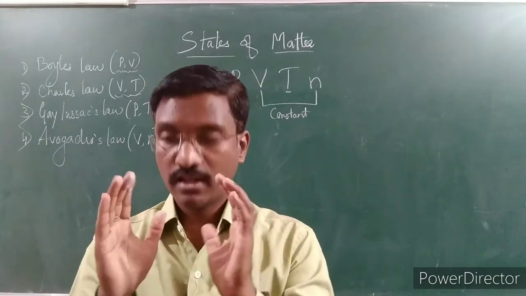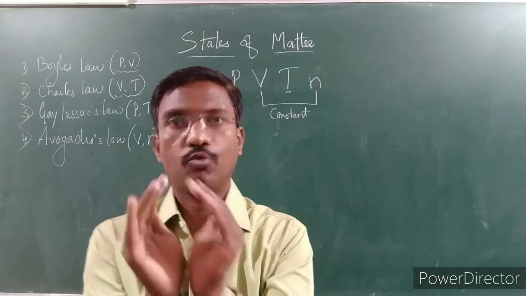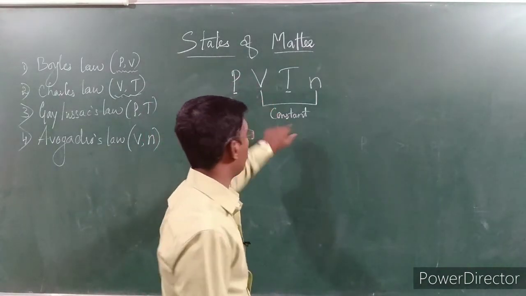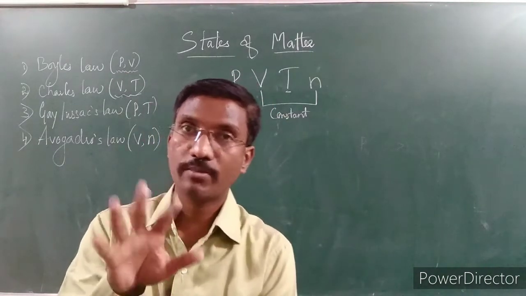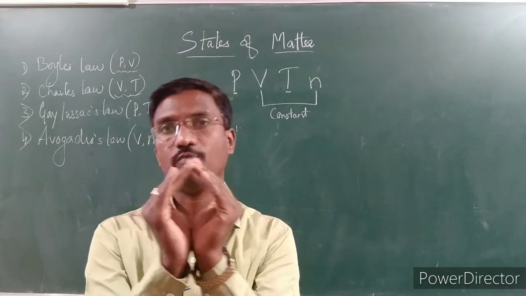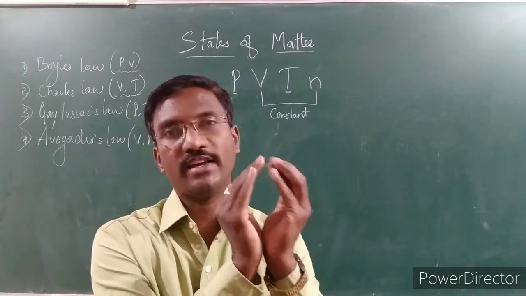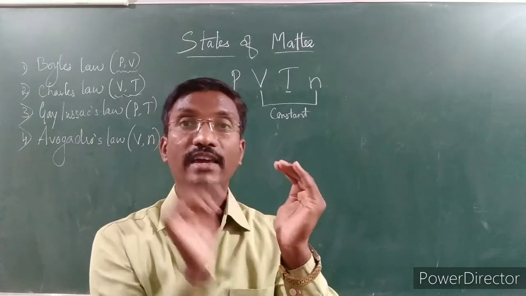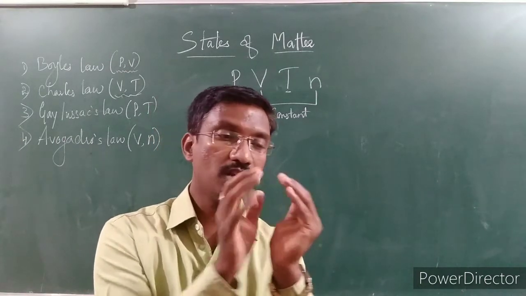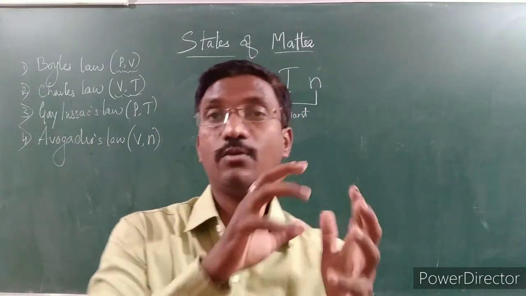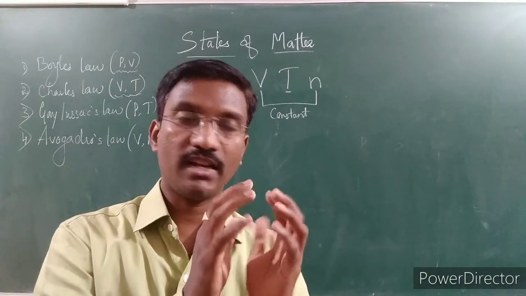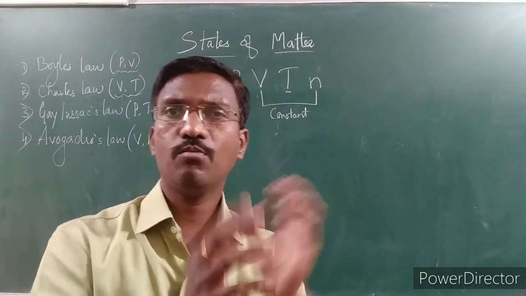What happens? The volume remains the same. Why? Because we have taken the volume as constant, and the number of particles also remains the same. Think that it has this much volume, and in this volume the gas contains some particles. If I begin to heat, the particles present in it begin to move, they will be disturbed and move randomly.